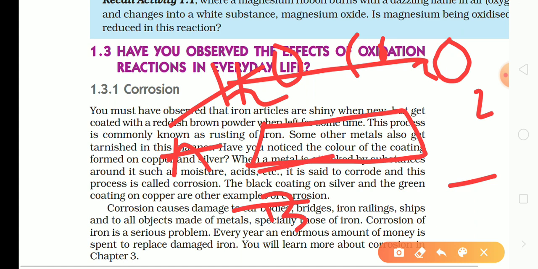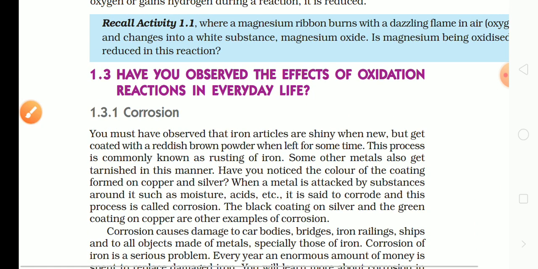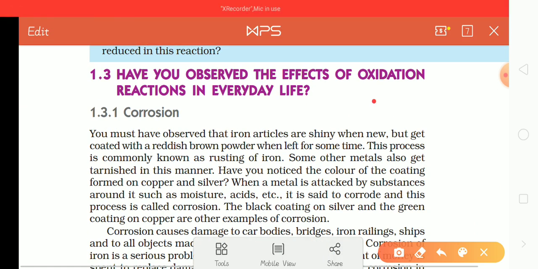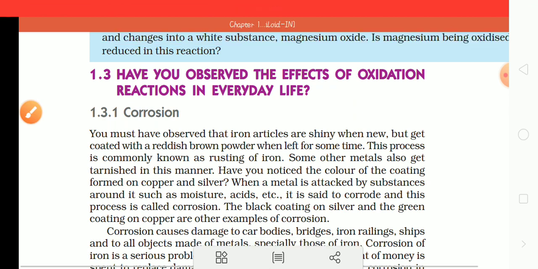So the slow destruction of a metal when it is exposed to the outer environment, it can be gases, water vapor, any other chemicals, acid or whatever it is, that slow destruction of a metal is called corrosion. We can see rusting of iron, the most common example.